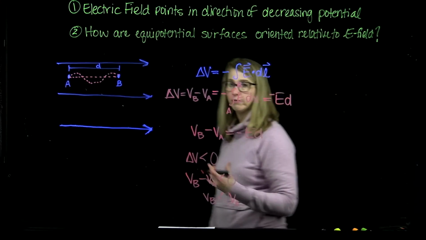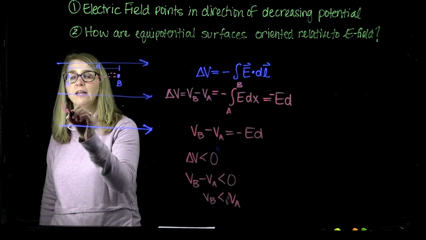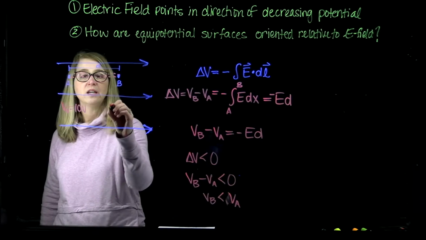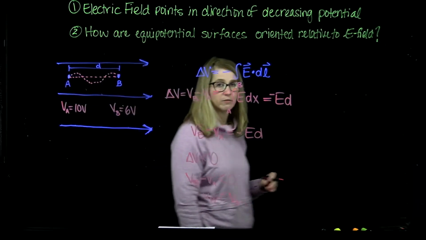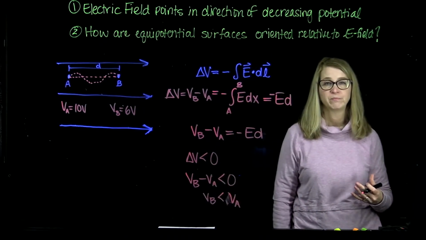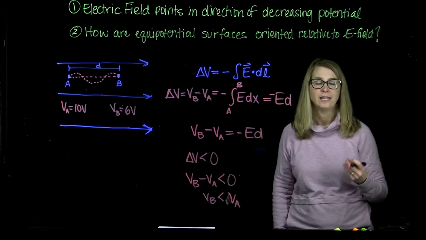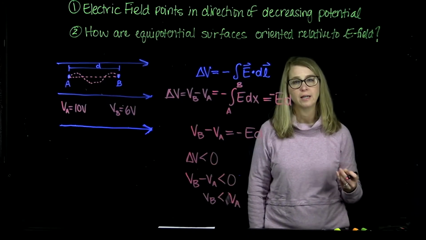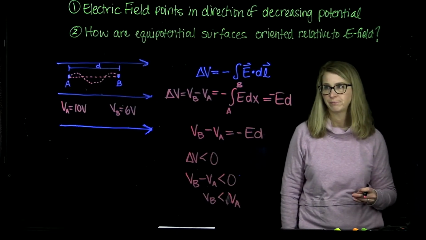If I wanted to give them numbers, I might say that at point A, VA might be, say, 10 volts, and point B might be 6 volts, just to sort of put it in perspective or to attach some numbers to it. Okay? So, again, I think that this is a really handy thing to remember. Again, electric field points in the direction of decreasing potential.